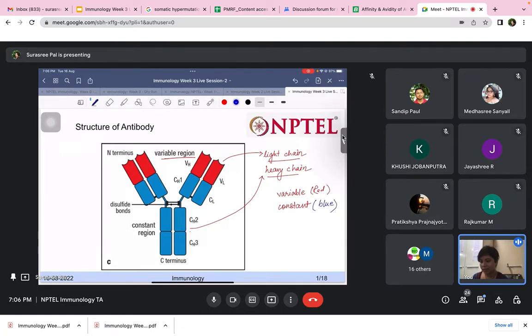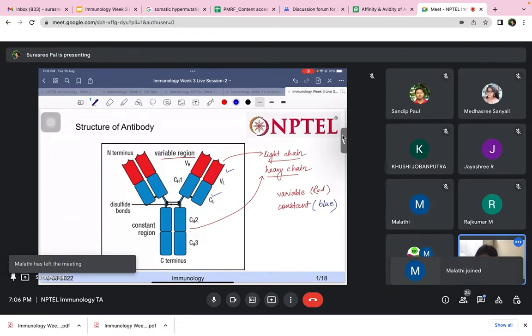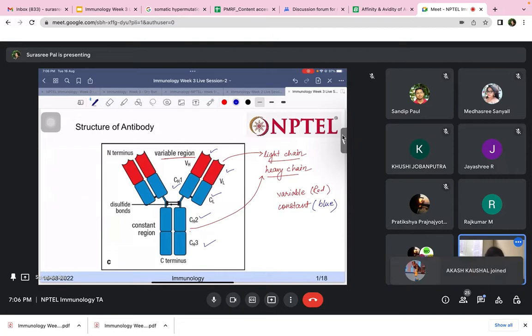In the light chain there is one variable region and one constant region, whereas in the heavy chain there is one variable region and 3 constant regions, right?